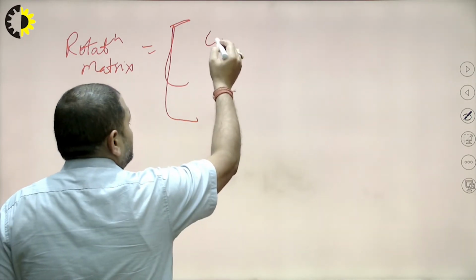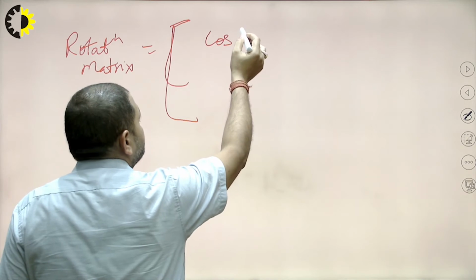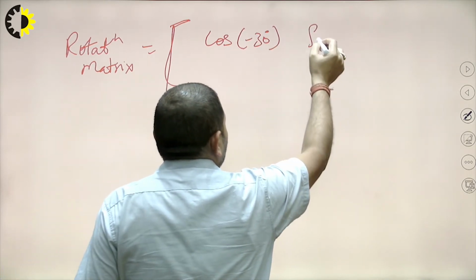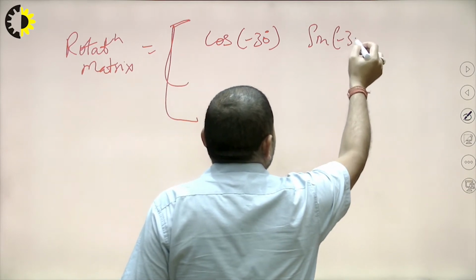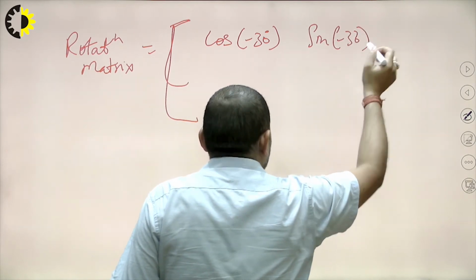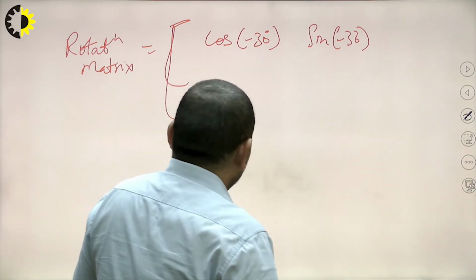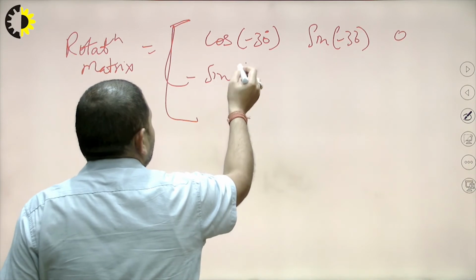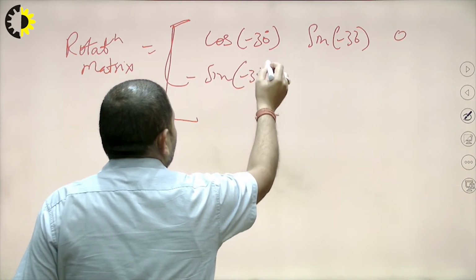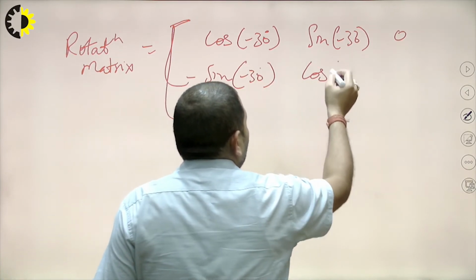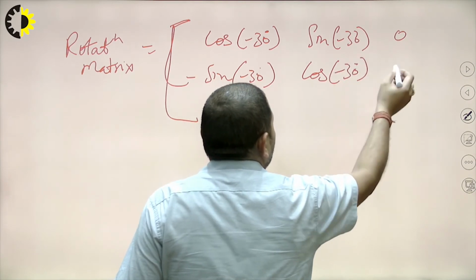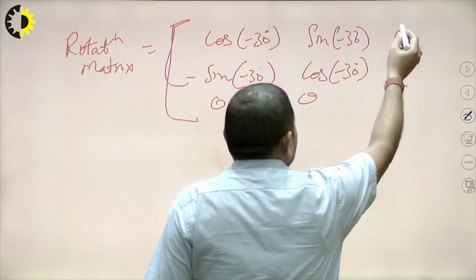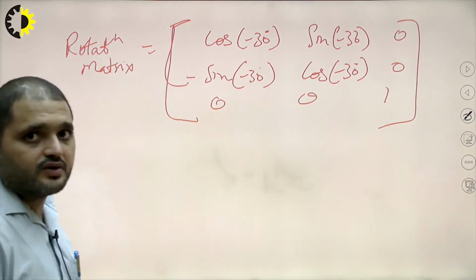cos theta, sin theta, 0, then minus sin theta, cos theta, 0, and 0 0 1, where theta is minus 30 degrees.